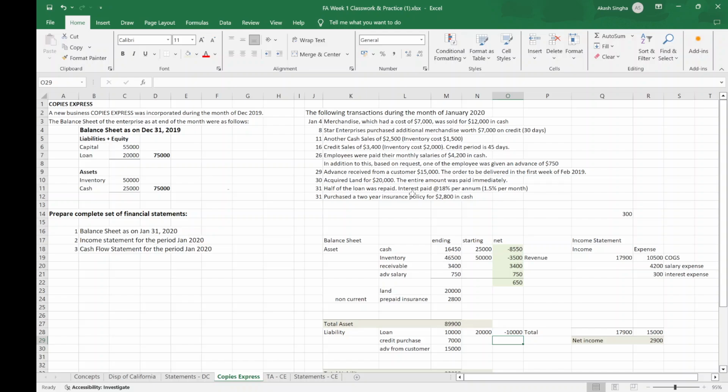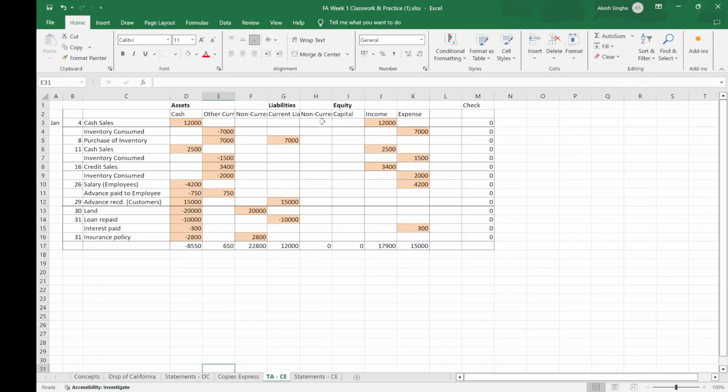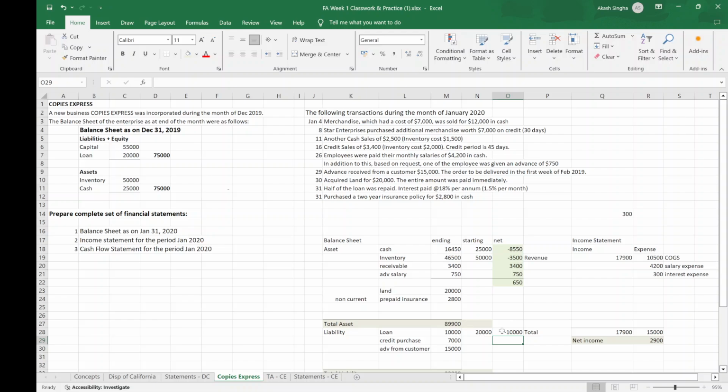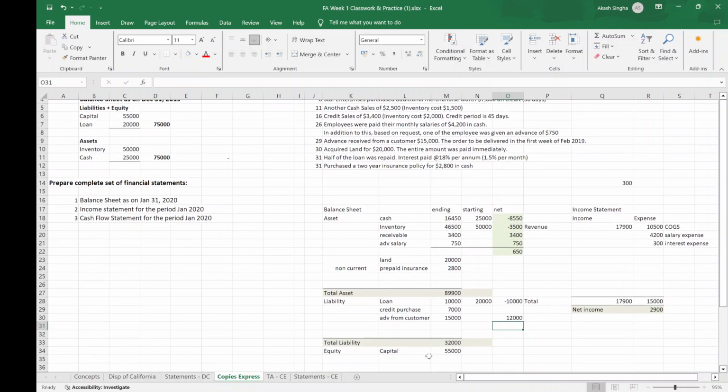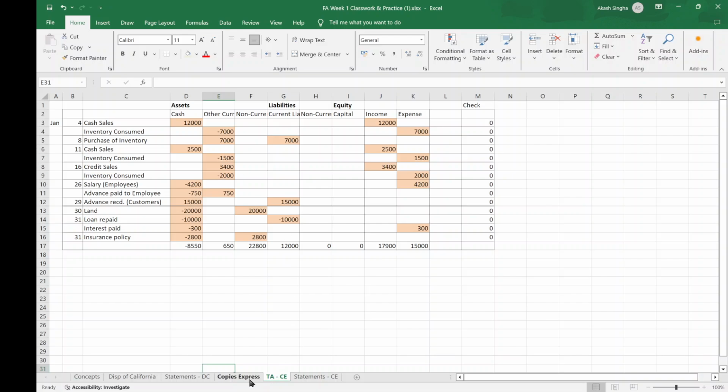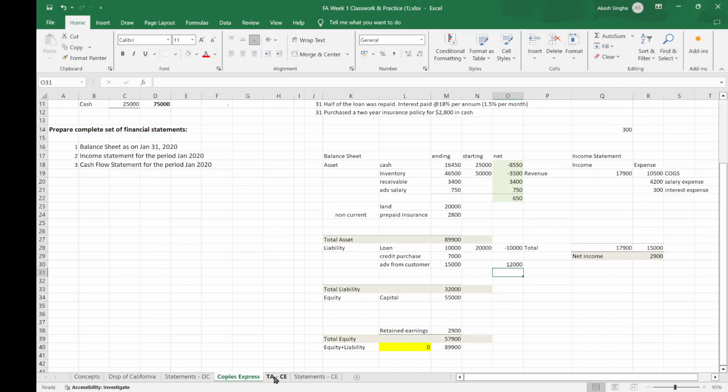No, only that half of the loan was repaid. I don't know why they didn't take it as non-current, but if you're thinking you have to pay it in 1 year only, then the total changes are 10,000 plus 10,000 plus 10,000, 12,000, which is this one. The income statement is given, and it's going fine.